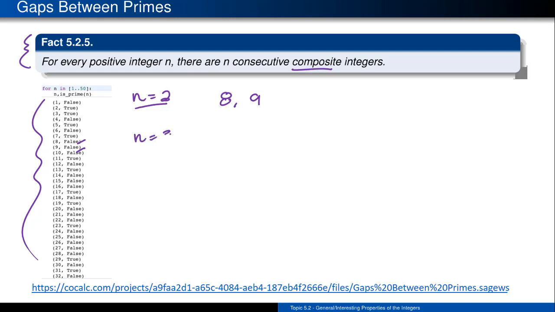If I'm looking for 3 consecutive numbers, none of which are prime, we were really close to finding that right away, because I know that 8 is composite, so is 9, and now 10 is as well, because 10 is another even number, so it has a factor of 2. So there are 3 numbers next to each other, none of which are prime: 8, 9, and 10.